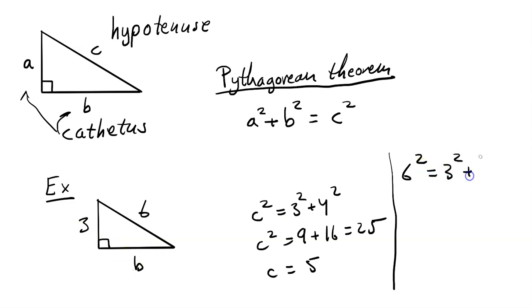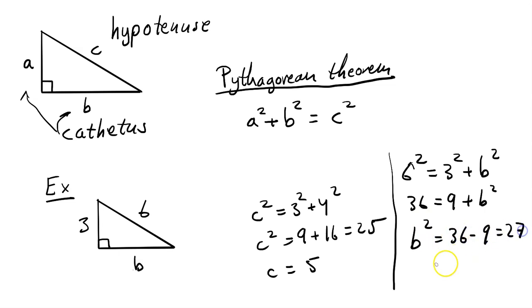So 3 squared plus b squared. So this is 36 equals 9 plus b squared. And then we have b squared equal to 36 minus 9, 27. And then b is equal to the square root of 27, approximately 5.2. So this is how you can use the Pythagorean theorem to determine one of the lengths of the edges given two others.